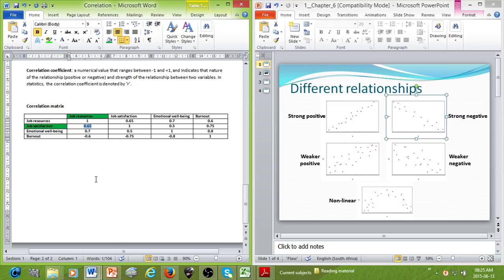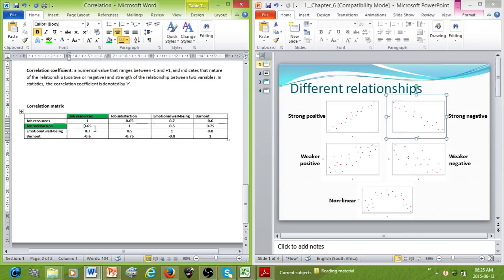The first question I'll ask myself when I look at a correlation coefficient is: is the relationship between those variables a positive or a negative linear relationship? It's a positive linear relationship. Why do we know that? Because there's not a negative sign in front of the correlation coefficient.